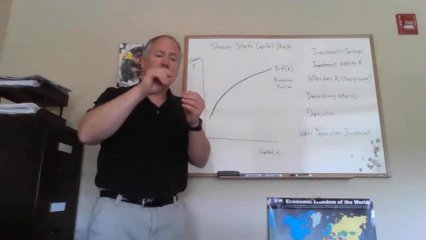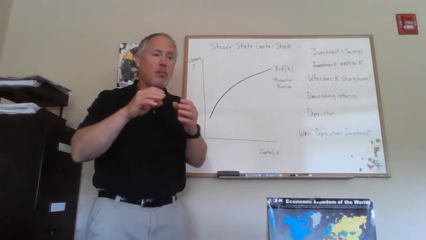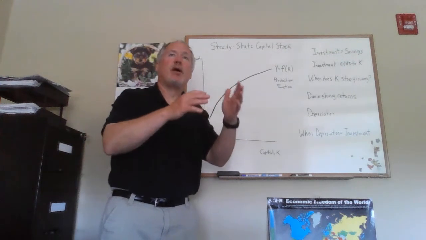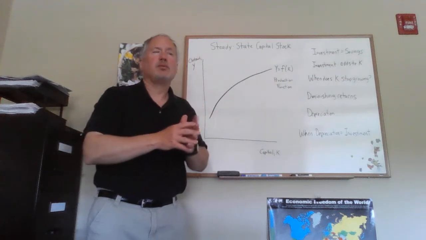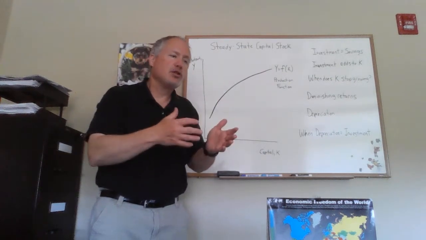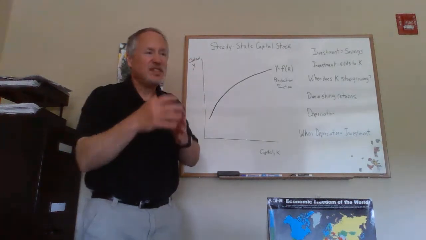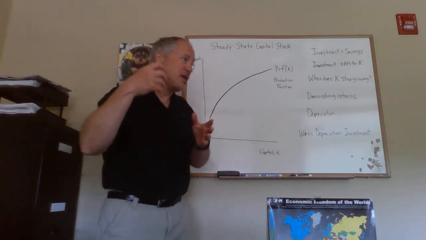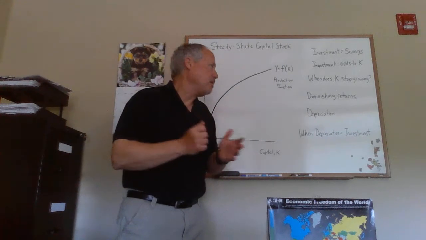And it's that declining reward to savings that at some point is going to lead people to say, well, we don't want to save all that much more. We're getting to a point where we're not getting enough of a return from saving.